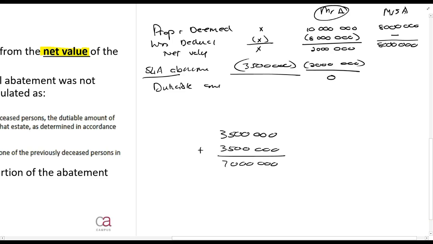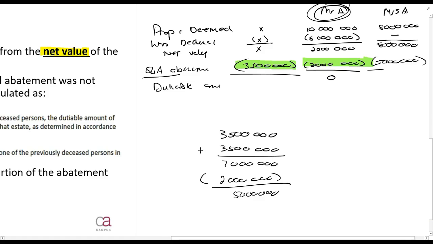So 7 million. From that, you must deduct how much did her spouse use. How much did her spouse use of that 3.5 million? He used 2 million rands. Right, so that gives us 5 million rands. So she has a 5 million rands abatement then.